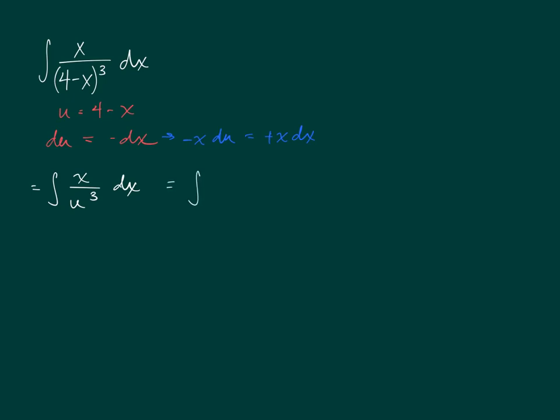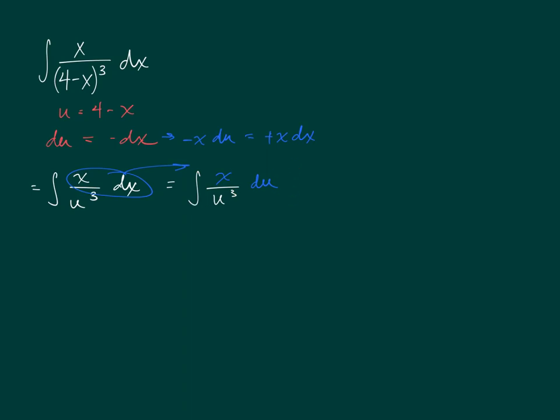This is going to be u something over u cubed, and the x dx turns into x du, and this is still a problem. Here we have u's, fine, but this x, that can't be there. We can't have an x when we're trying to find the indefinite integral with respect to u. So this is a huge problem.